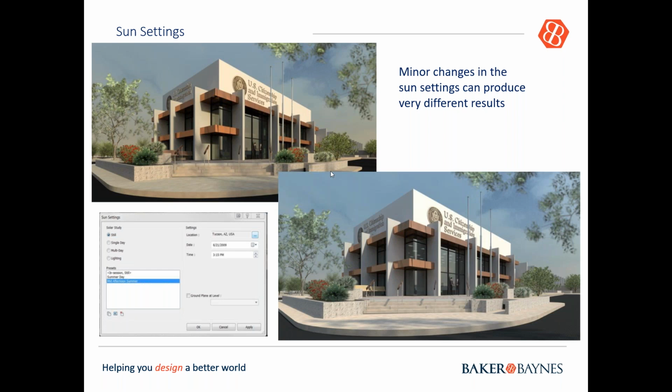The only thing that I changed here was the sun setting, and it was modified to create these two different results. You'll see the big difference that was caused, right? So when you are changing your sun settings, you can decide which one looks better and which one works for you.